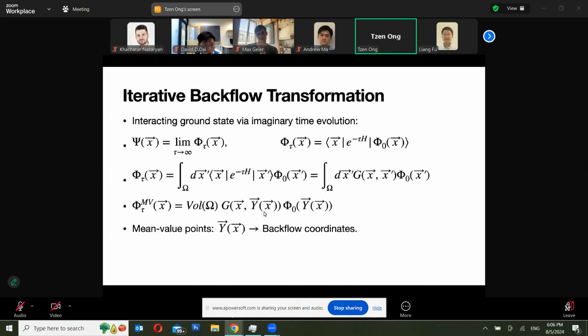The backflow coordinate y of x is basically the center of mass coordinate that gives you the mean value solution of this integral, and then our entire problem simplifies to finding these backflow coordinates y of x, basically some special transformation from x to y.